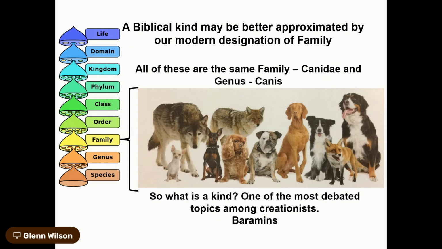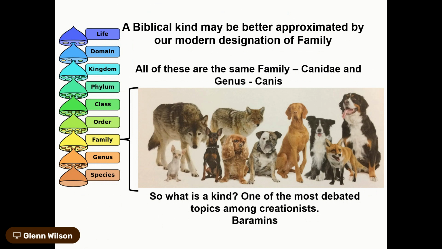We're going to be talking about the canines. And all of these you see, the wolf, the coyote, fox, domestic dogs, are all in the same family, in the same genus, Canis. And so the question is, from a biblical standpoint, what is a kind? This is something that we debate a good bit among creationists.